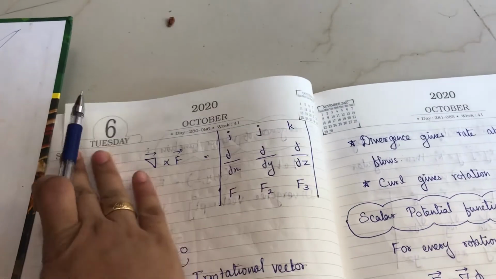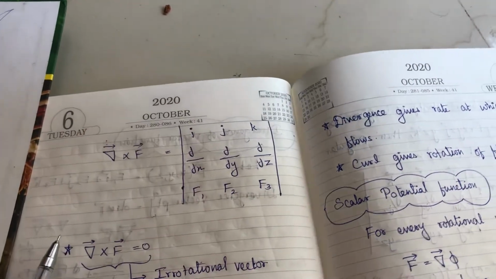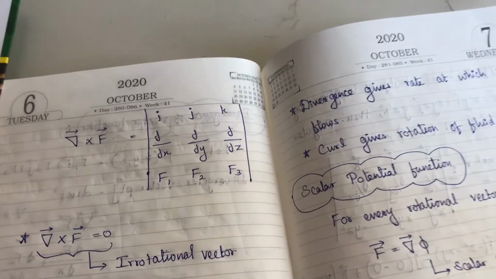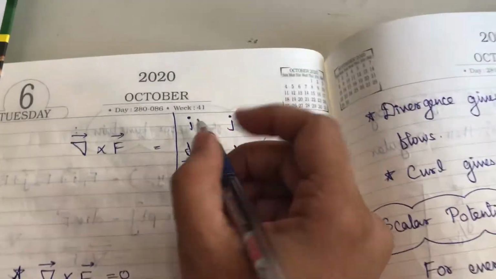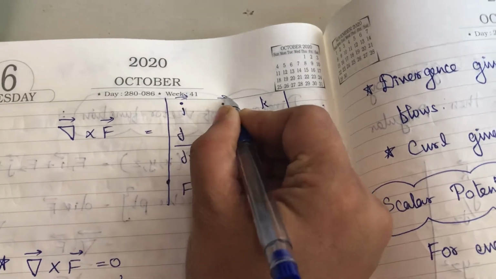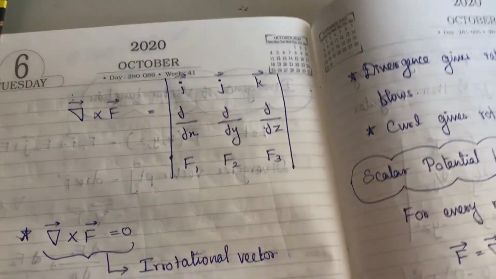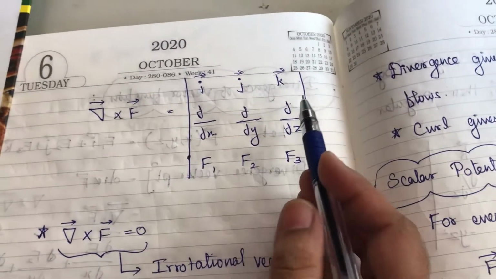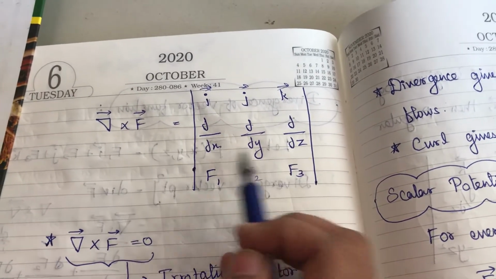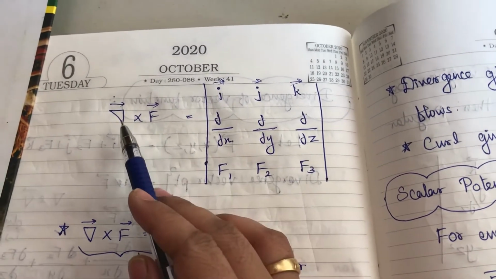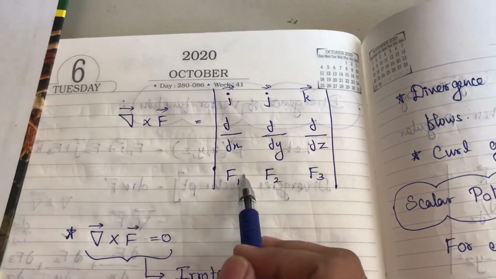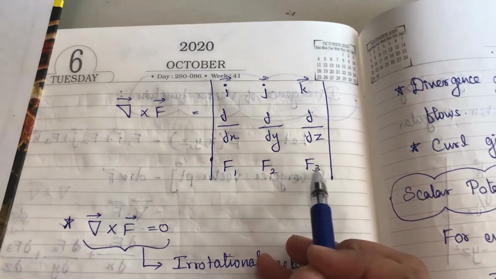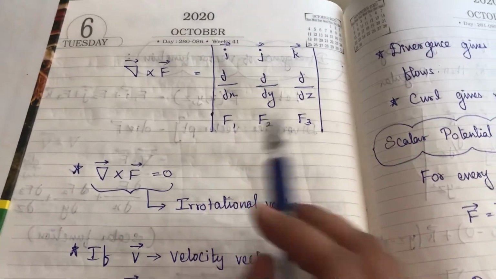Cross means we need to introduce the matrix term here. So i, j, k are all vectors. The second row is the differential del, which is dou by dou x, and the third row is the f coefficients.